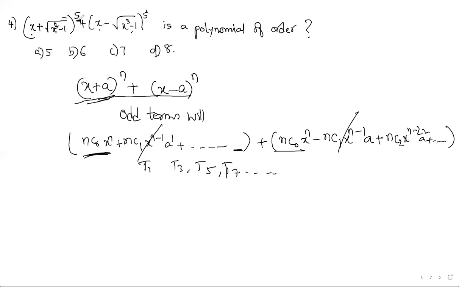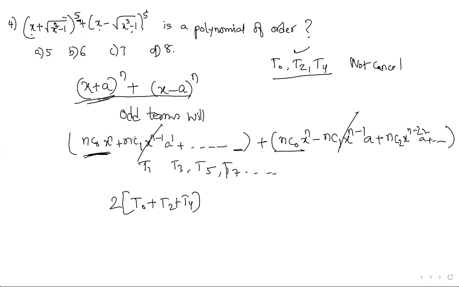Here the index is only up to 5. So T0, T2 and T4, only these three terms will not cancel each other. All other terms will cancel each other. So the answer will be 2 into (T0 plus T2 plus T4).